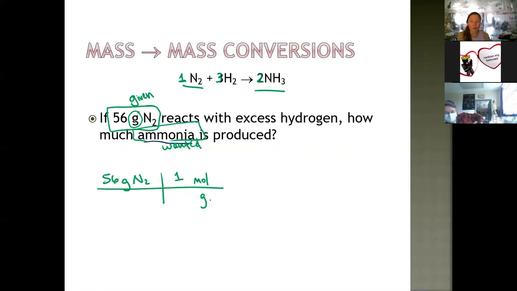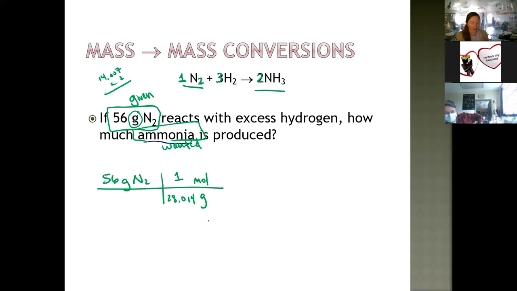How many grams in 1 mole of N2? Handy on the periodic table, nitrogen is 14.007. So N2 would be what? That times 2, right? 28.014.